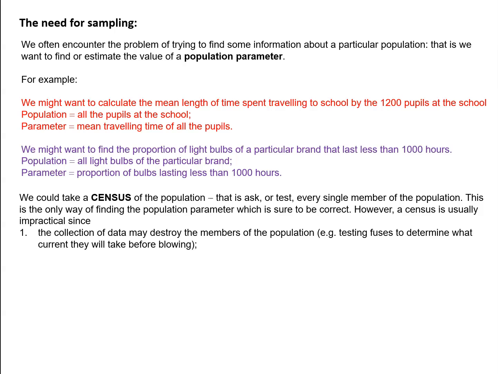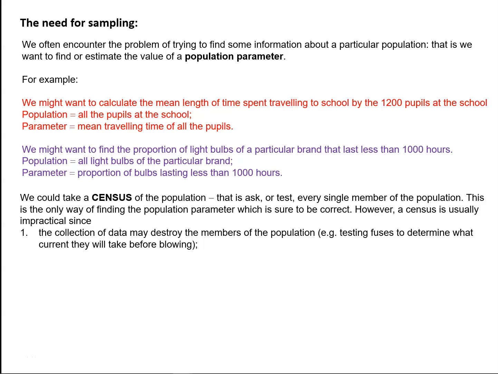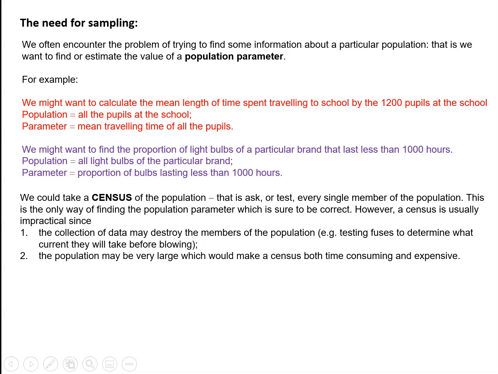If we were testing electric fuses to determine what current they will take before blowing, then that would certainly destroy all of the fuses. And the other problem with taking a census of the population is that the population may itself be very large, and taking a census will be both time-consuming and expensive.